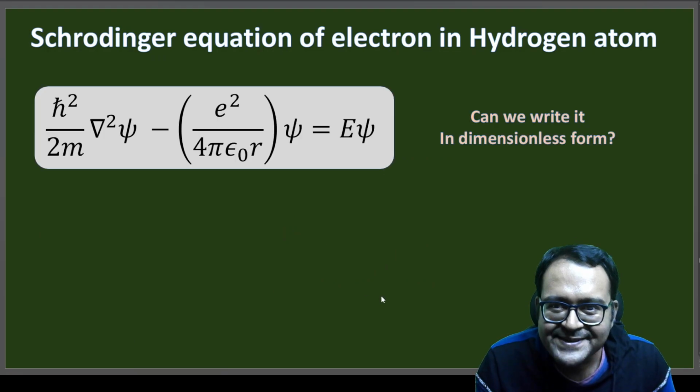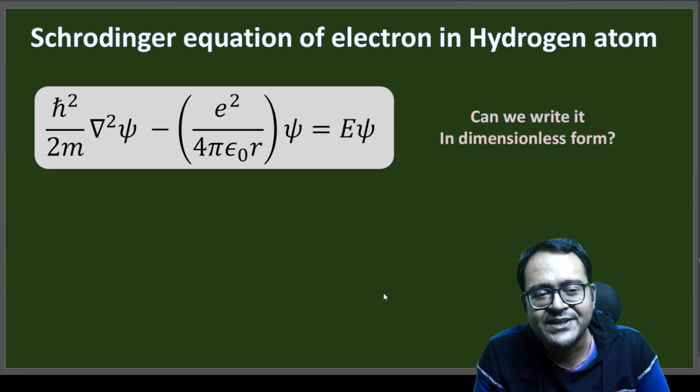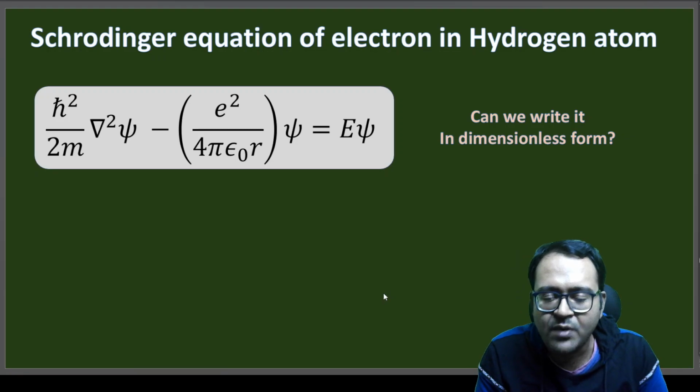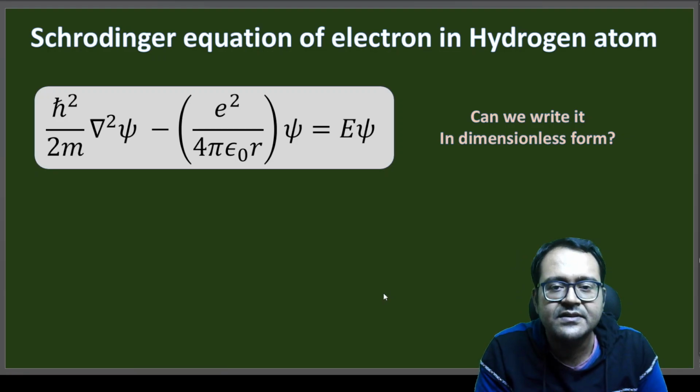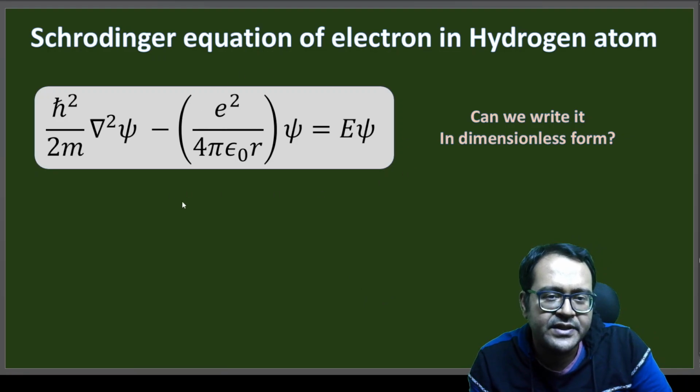Okay, guys, interesting things. Next part. When we need to solve an equation, we often need to write it in dimensionless form. Because if you do an analytical calculation, you don't need a dimensionless form.